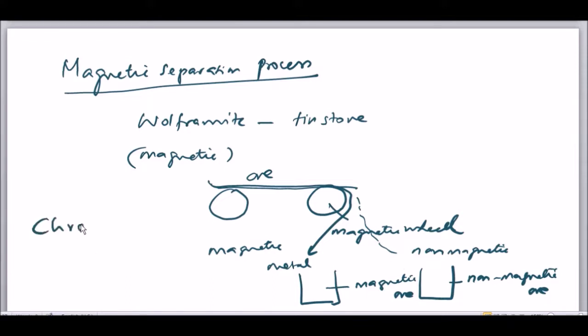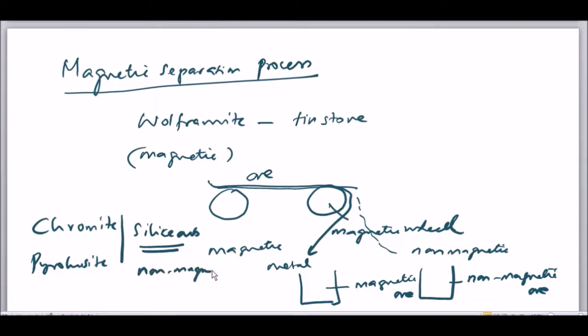We can have chromite, pyrolusite, in which non-magnetic impurity are siliceous impurity. The silicon impurities are non-magnetic, so that they can be separated from the magnetic part of chromite and pyrolusite.